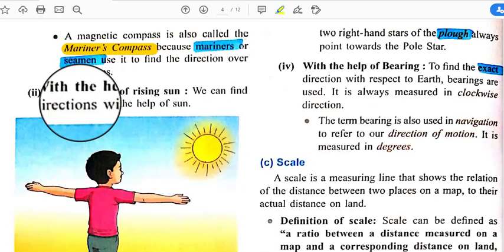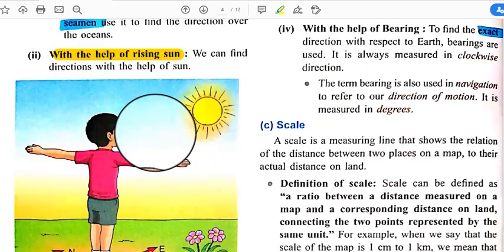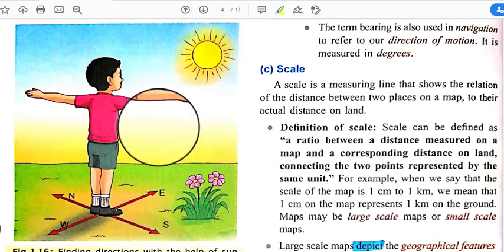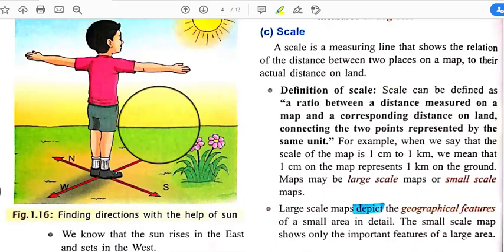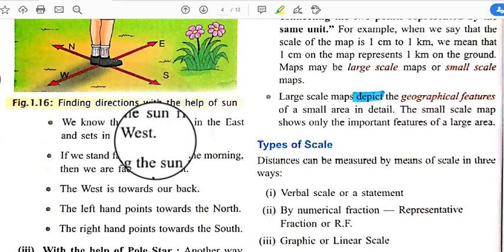So another method is with the help of the rising sun. With the help of the sun we can identify the directions. We know that the sun rises in the east and sets in the west.